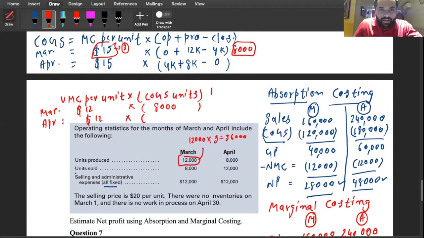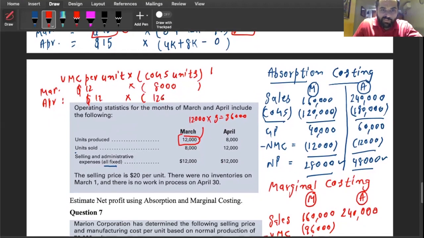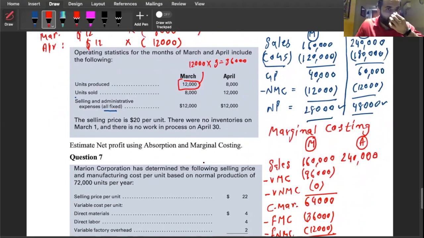Same as here. So 144,000. Can you check again? Variable manufacturing cost for April, 144,000. All right, 144, not 114. Variable non-manufacturing cost is 0.